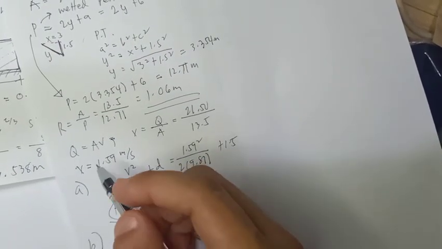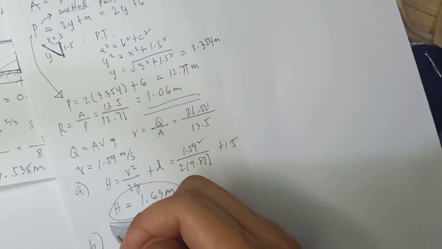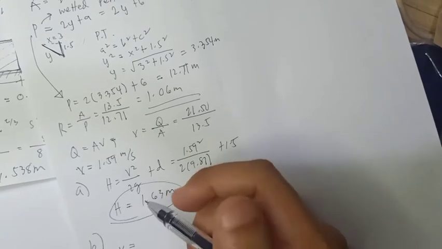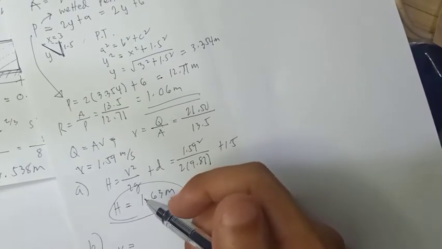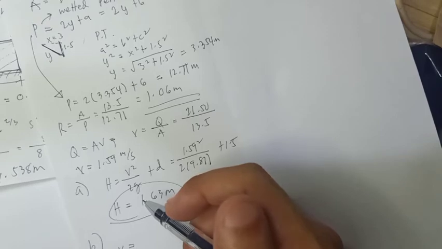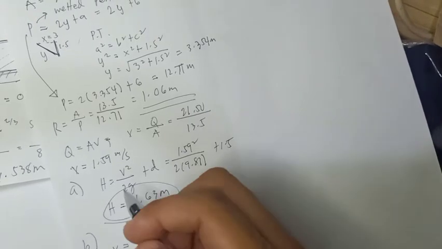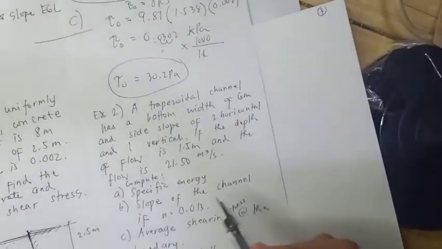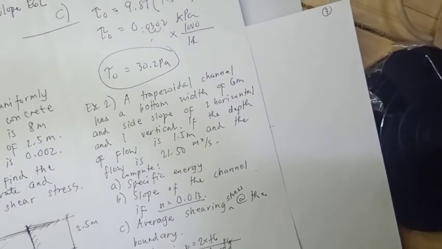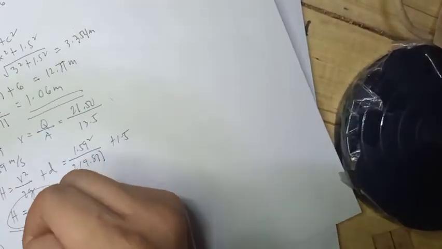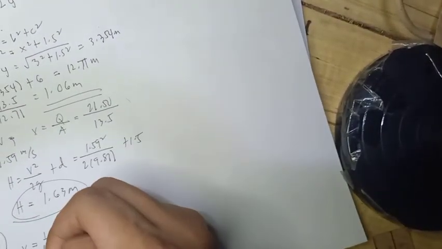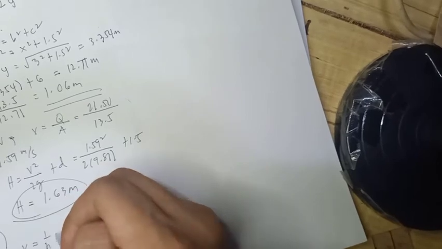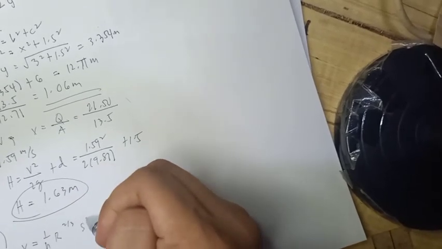For B, the slope. As we have known, through the use of the Manning formula, since the N, or roughness coefficient, is given in B, our answers should be connected. V equals 1 over n times R to the power of 2/3 times S to the power of 1/2.